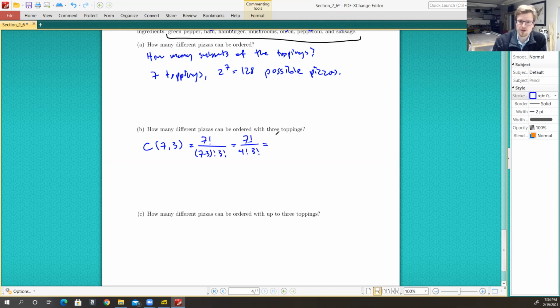There's some reducing here. So 7 times 6 times 5. The 4 factorial cancels out with the 4 factorial, and we're just left with 3 times 2 times 1. 3 times 2 is 6, so we just have 7 times 5, which is 35. So 35 different pizzas with 3 toppings.